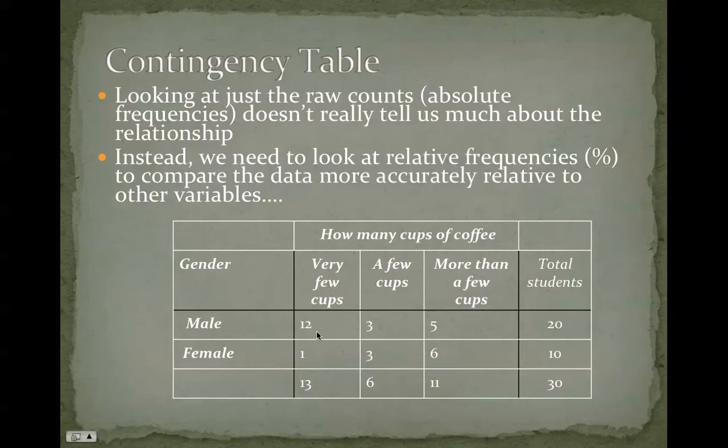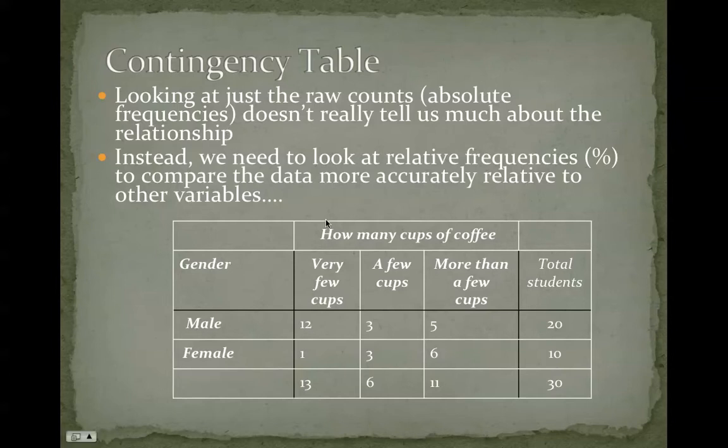You have to compare the numbers to, say, the column total, the row total, or the total sample size. In so many ways, absolute frequencies are really not helpful.